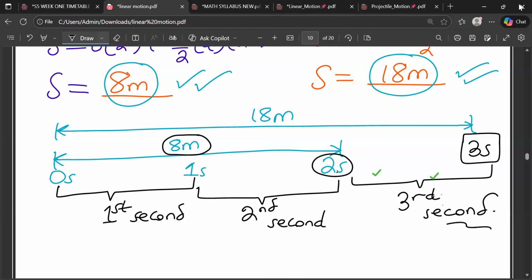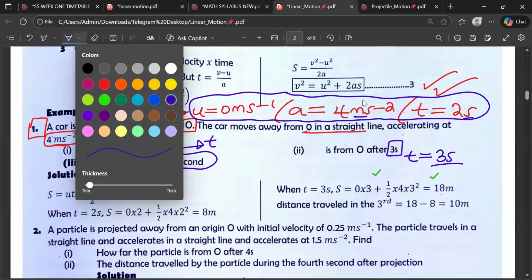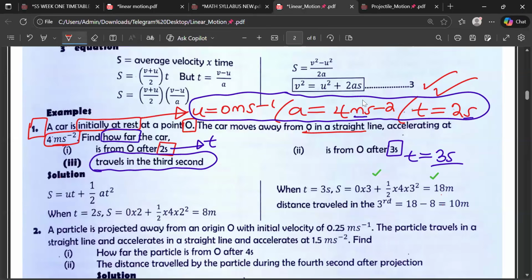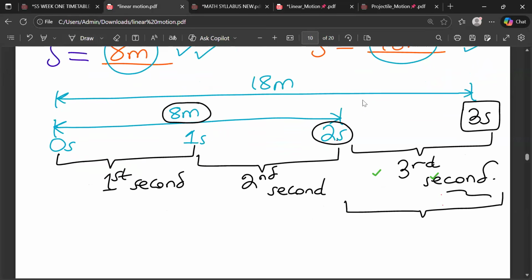So after you understanding that, let's now read the question. The question is saying, find how far the car travels in the third second. Do you get it? In the third second. Who can tell us the answer from that sketch? They only want the distance in this third second. They want how far that car travels in only and only the third. But we realize from 0 seconds to 3 seconds it is 18.